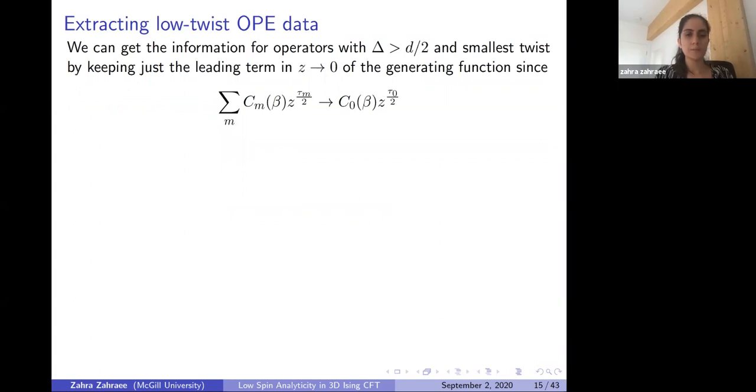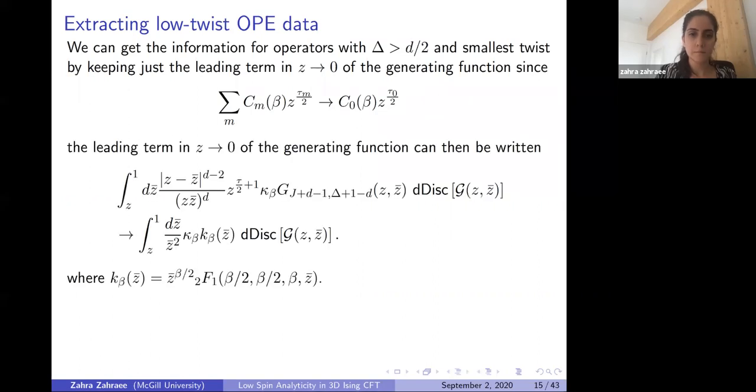Specifically, when we want to extract low twist OPE data, when we want to study the leading Regge trajectory, we can take the z goes to 0 limit, and then the sum over trajectories just singles out the leading Regge trajectory, and it suppresses the subleading trajectories. So taking the same z goes to 0 limit of the generating function, we get this simplification.